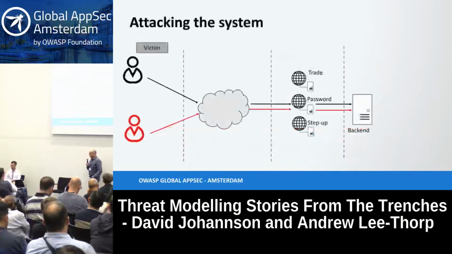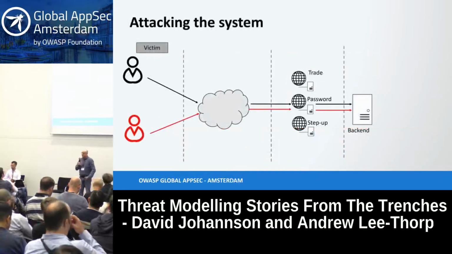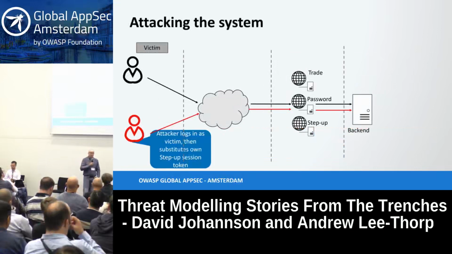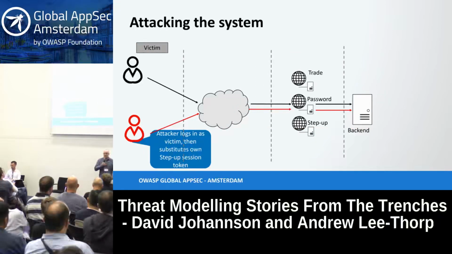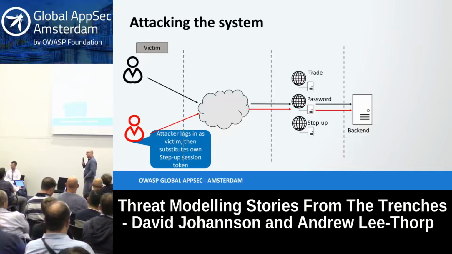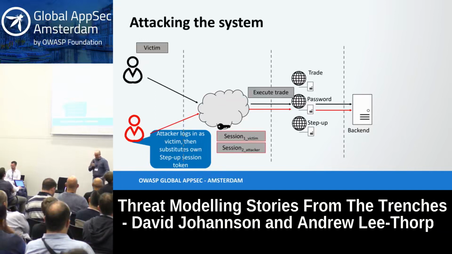So the attack works like this. The attacker logs in as himself, collects his step-up session token, then he logs in as a victim user, substitutes his step-up session token, and submits it along with a risky transaction. And so he executes the transaction.